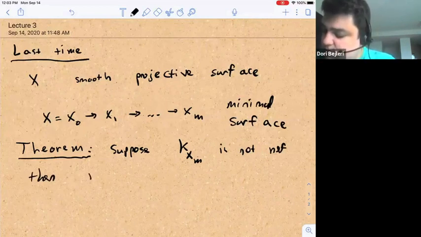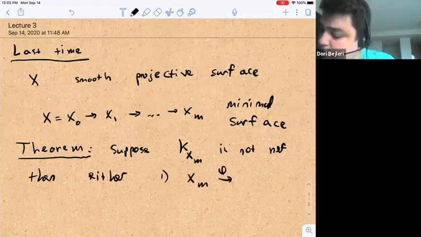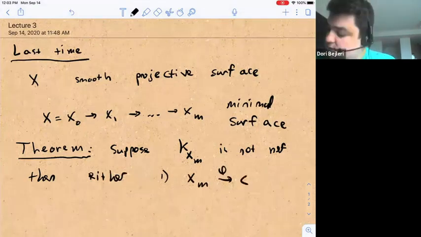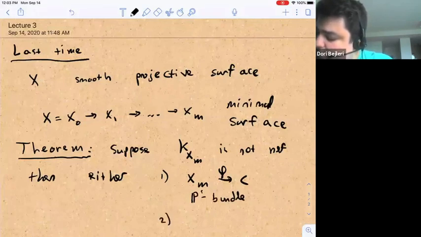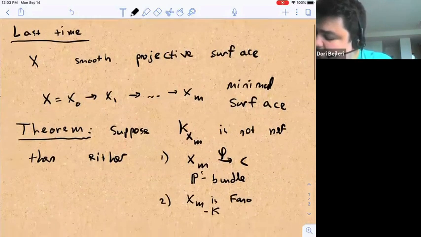Either X_M is a P1 bundle over a curve, or X_M is Fano, meaning minus K_{X_M} is ample.